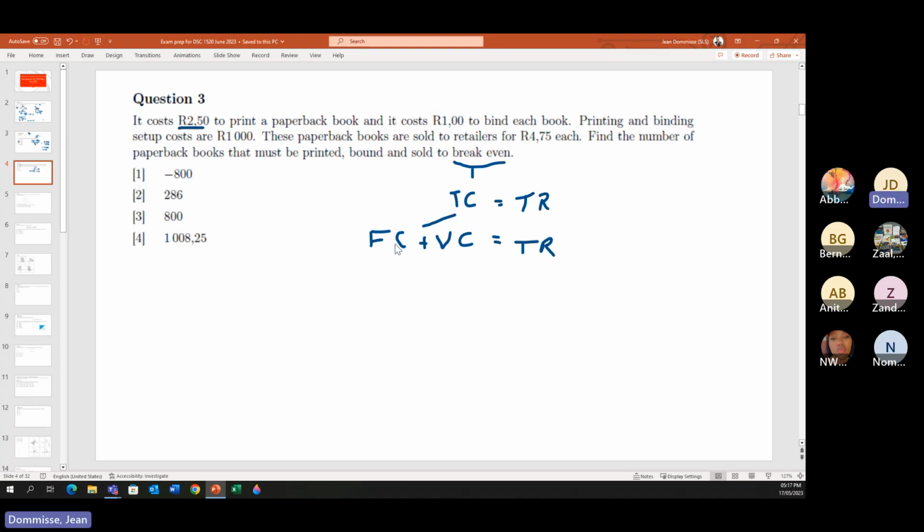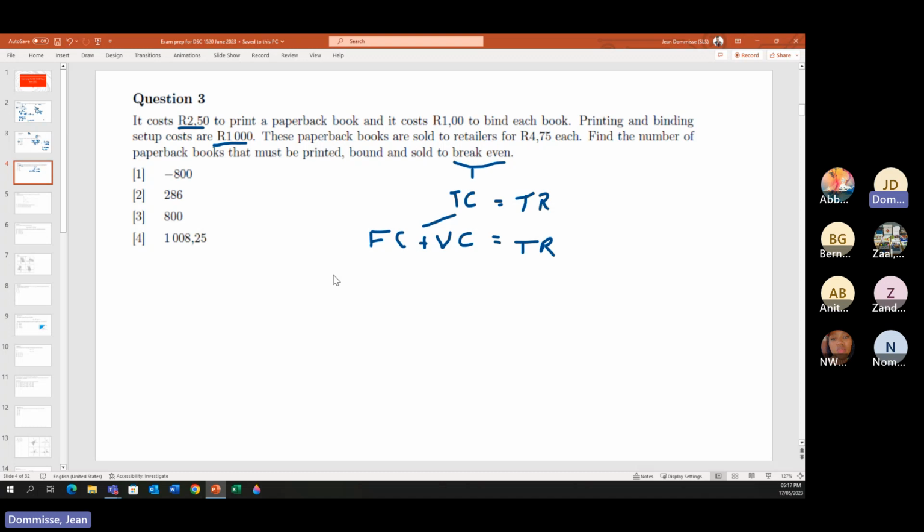So fixed cost plus your variable cost. Okay, so let's quickly check what do they give us. Fixed cost, they told us printing and binding setup cost are 1,000.